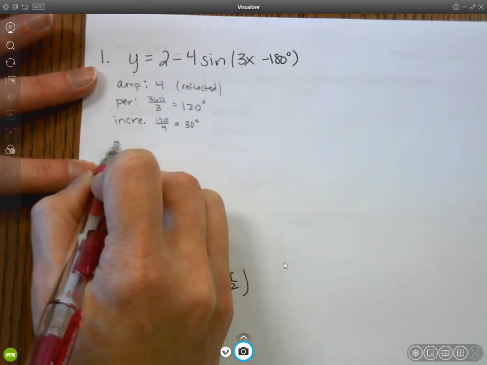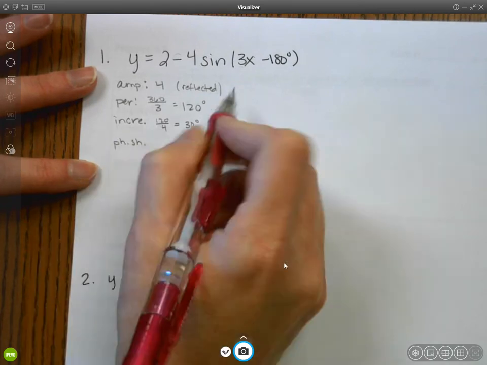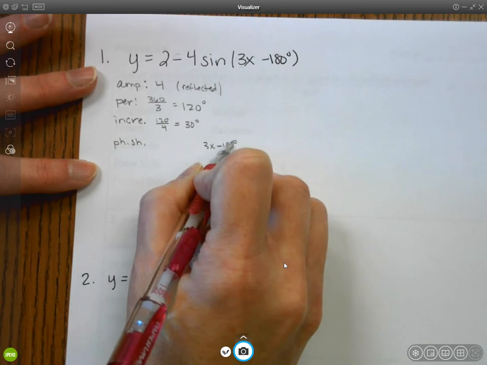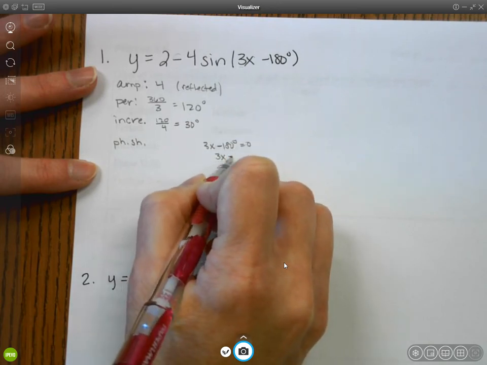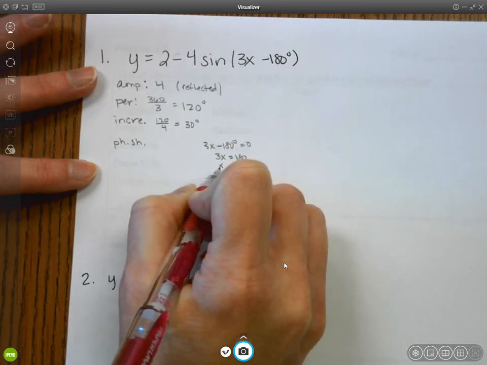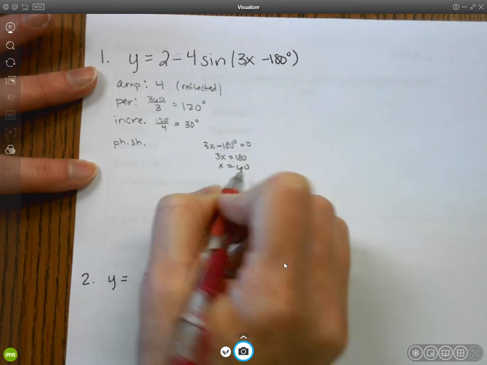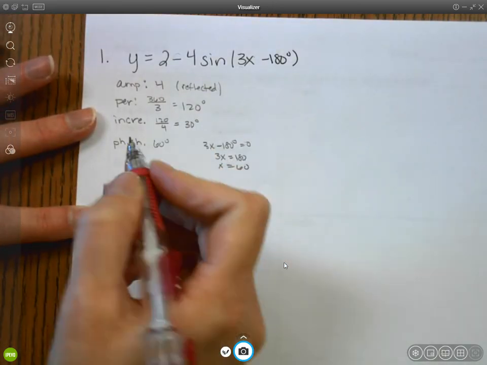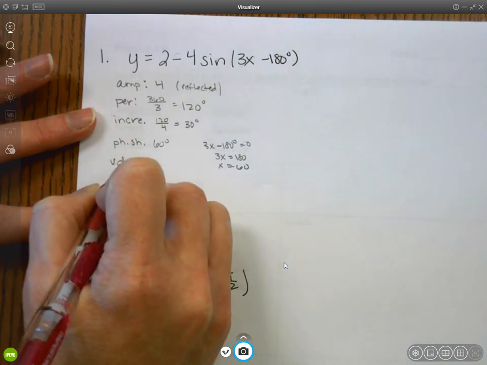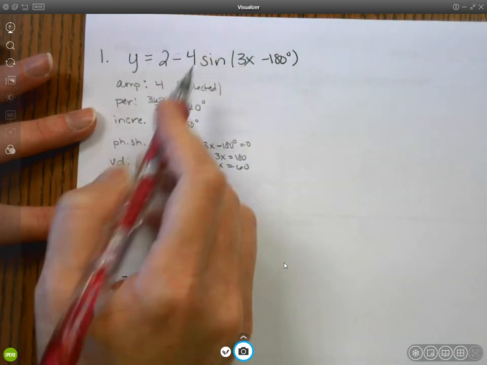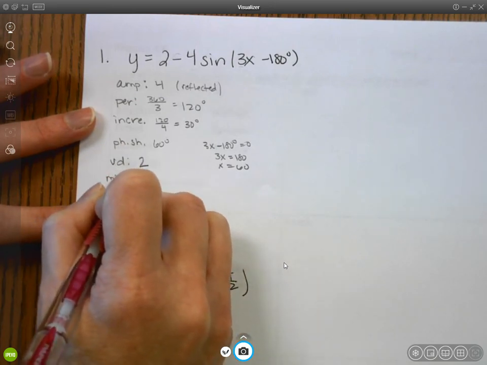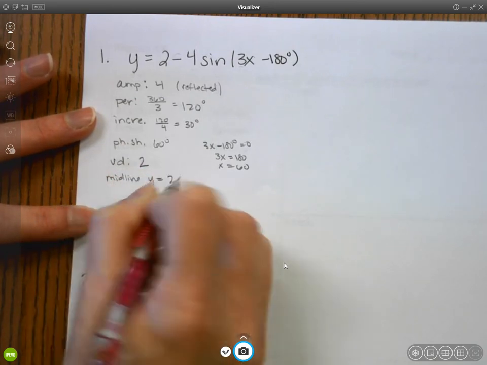We have a phase shift, which is just what's in parentheses set equal to 0. Which in this case works out to be 60 if you add the 180 and divide by 3. Then we need to know the vertical displacement, which is just this extra number, so 2, which is the same thing as your midline, just write it as an equation.